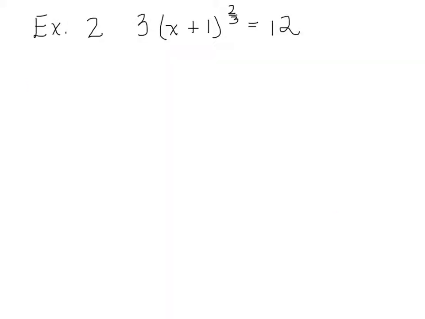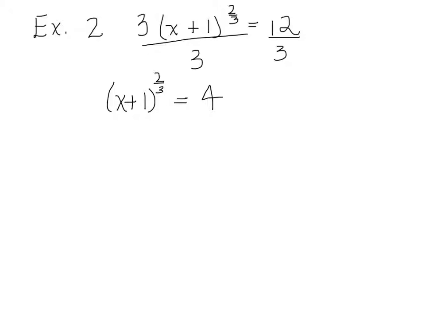Here's an equation that's in exponent form. So you still want to get it by itself. You want to get the expression with the rational exponent by itself. So I'm going to divide both sides by 3. Like this.